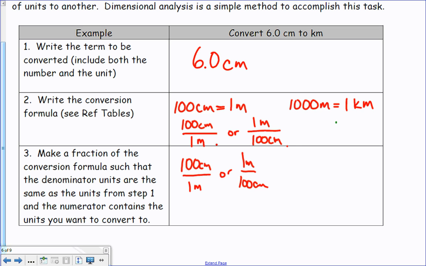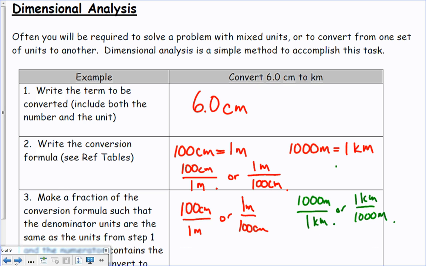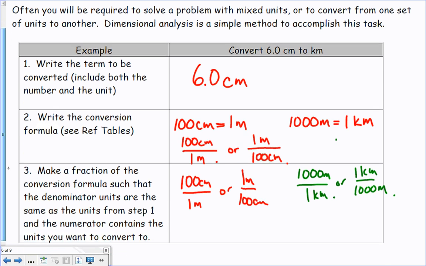For this conversion factor, I have 1,000 meters over 1 kilometer, or 1 kilometer over 1,000 meters. Now it's up to step 4 to tell us which one we're going to use. Wait a minute, am I not reading carefully? It is in step 3, good.